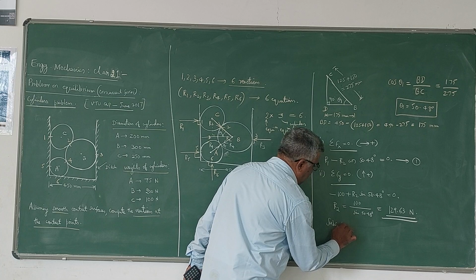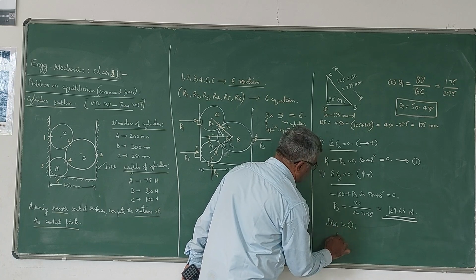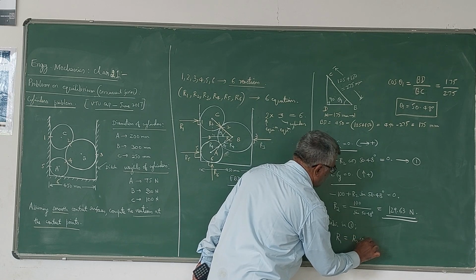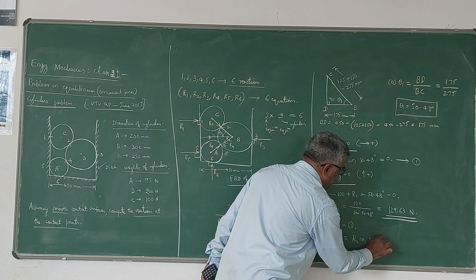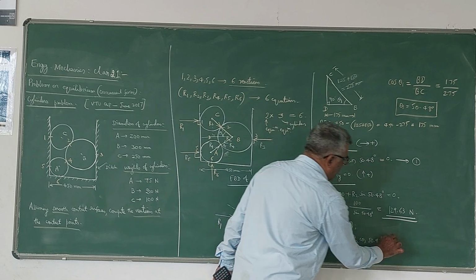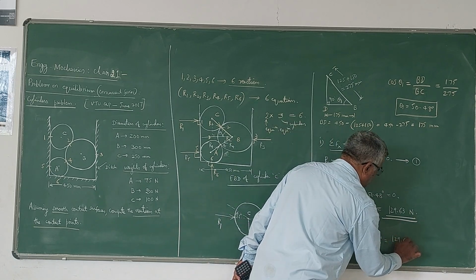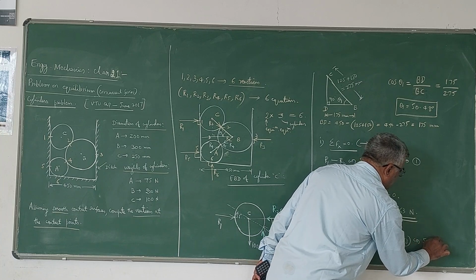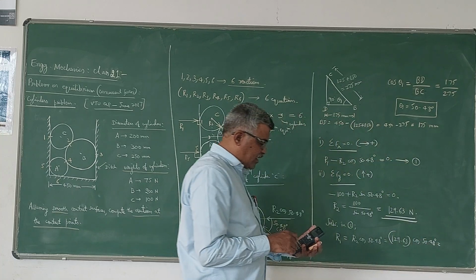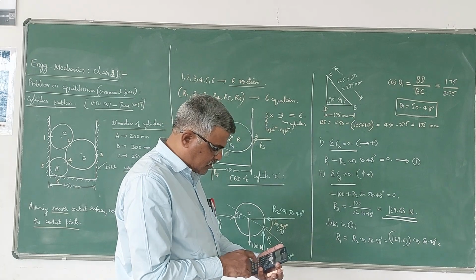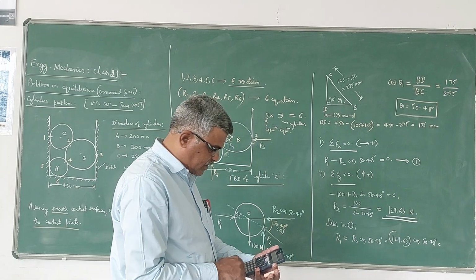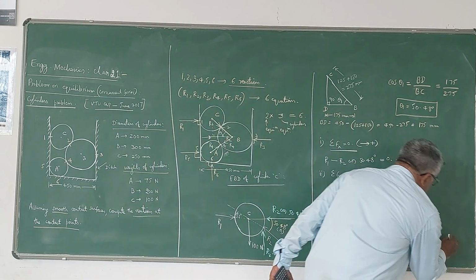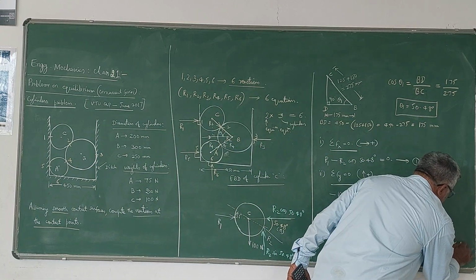129.63 Newton. Substitute this in 1. Substituting in 1, you get the value of R1. So R1 is equal to R2 cos 50.48 degrees. R2 is 129.63 into cos 50.48 degrees. If I simplify that, this is equal to 82.49 Newtons.